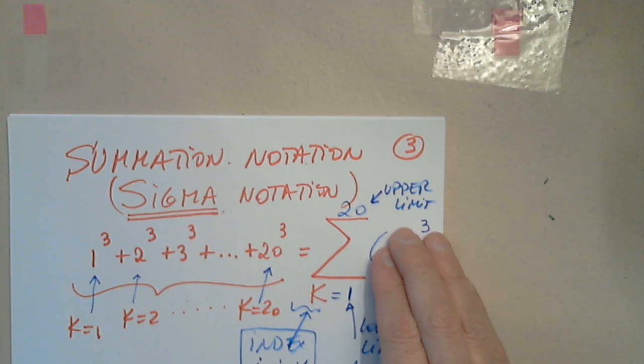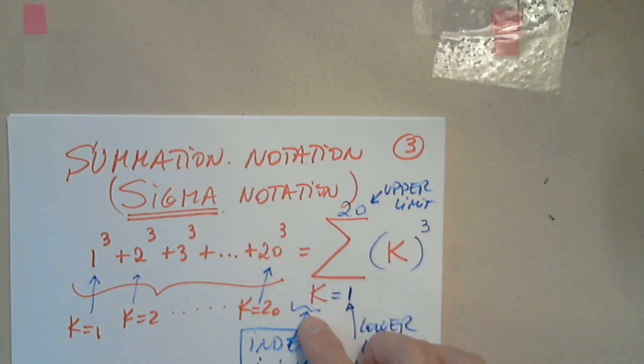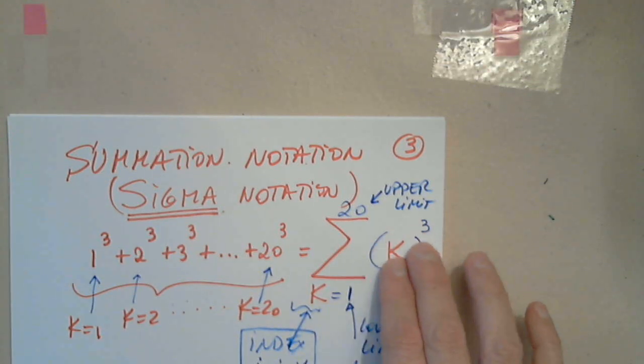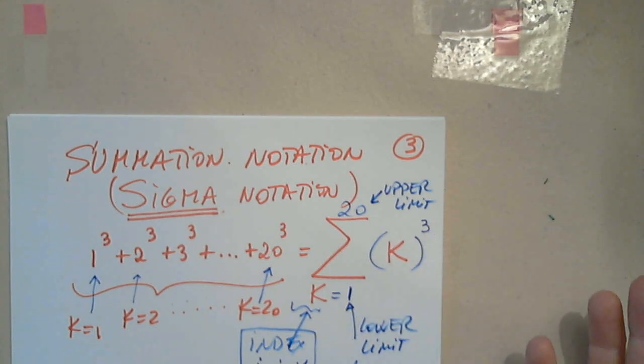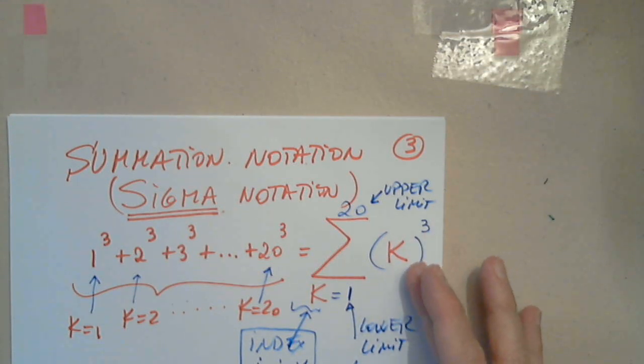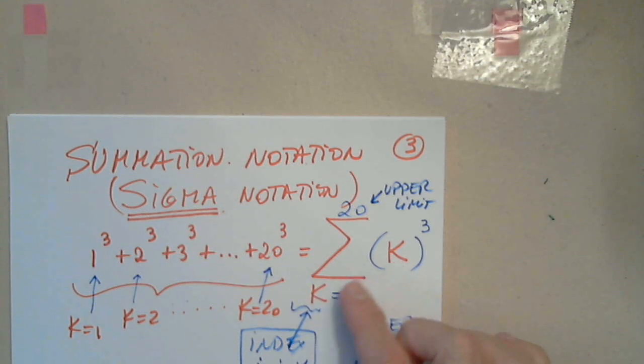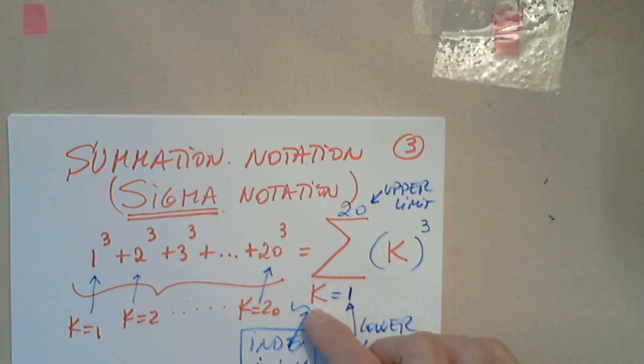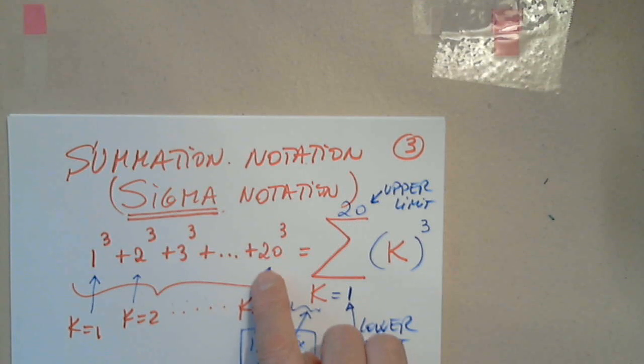It has to have a general term that depends on the index. It could be just a number, it's possible, but in general we have something that involves k or j or i, and it goes from the lower limit, which is 1 for this problem, to 20, because that's where it stops.